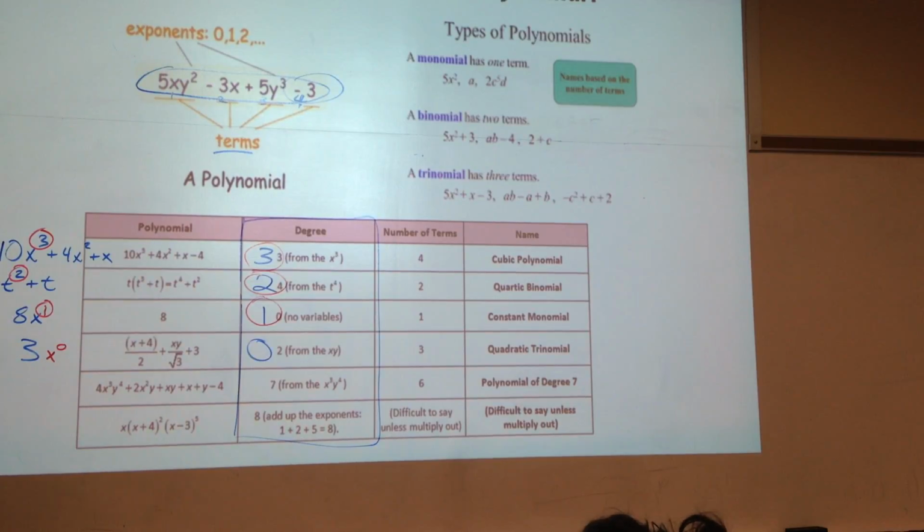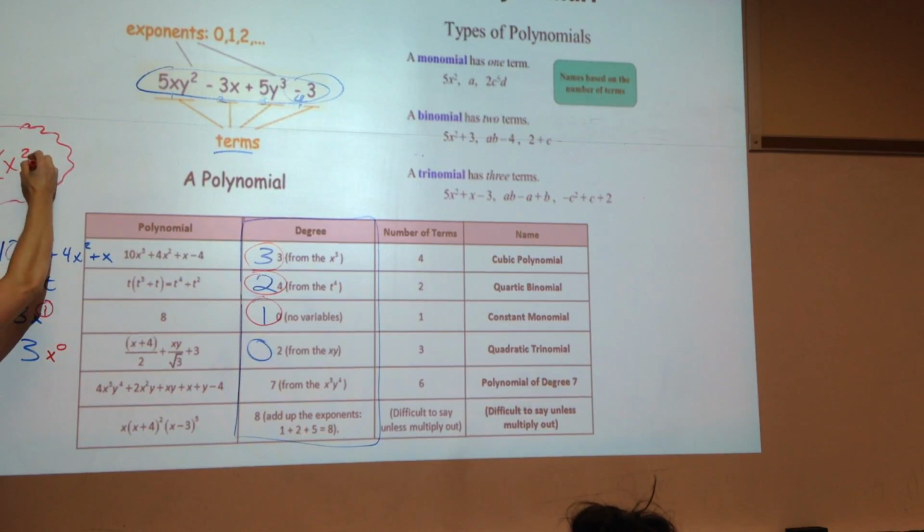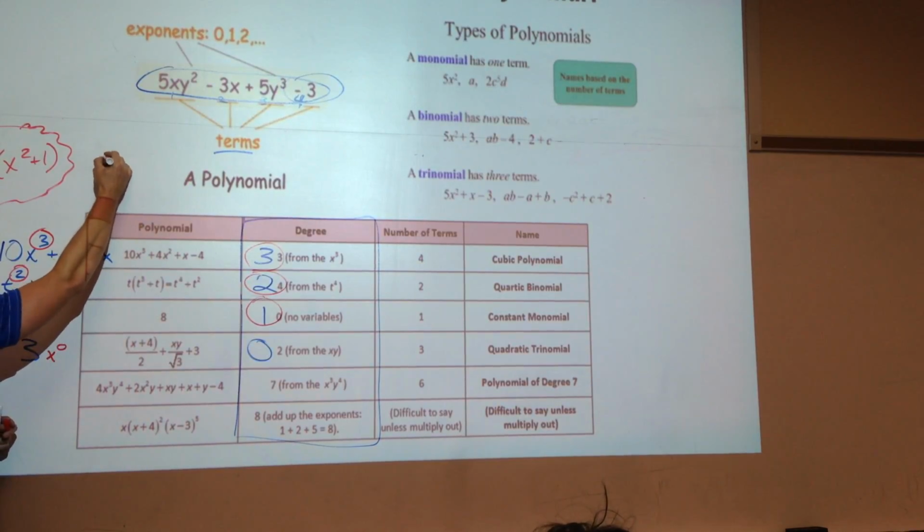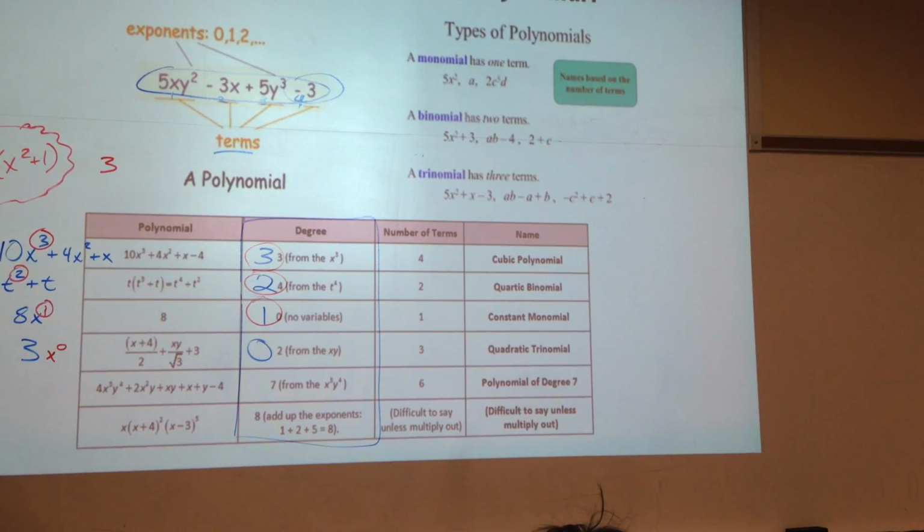Let me ask you this. This is kind of a little bonus question here. Not extra credit, just to see if you're following along. What is the degree of this polynomial? Don't say it out loud, just think if you can come up with it. Oh, remember when I said don't say it out loud? So Lorraine says this is a cube polynomial, or a power of 3 with a degree of 3.